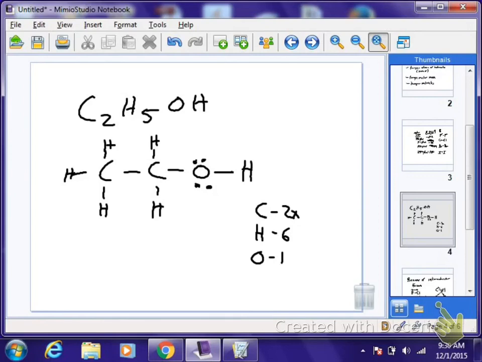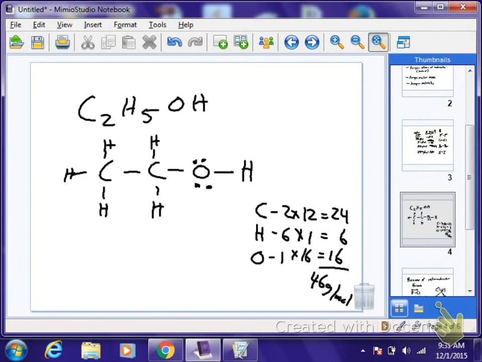So carbon's atomic weight is 12. I'm rounding. So that'd be 24. Hydrogen, it takes 1 gram to make a mole of that, and I have 6 of them, so I'm going to take it times 1. And that gives me 6. And then oxygen, I'm going to take times 16, and that gives me 16 at the end. Then I add them all up, and that'll be my molar weight. So 24 and 6 is 30, plus 16 is 46 grams per mole.